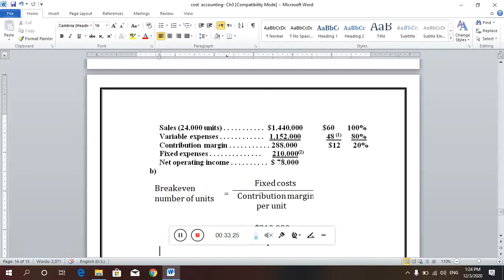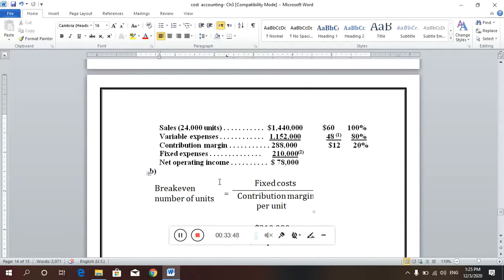The contribution margin in total equals sales revenue minus variable costs, which is $288,000. The contribution margin per unit equals selling price minus variable costs per unit, which is $12, so the percent is 20%.